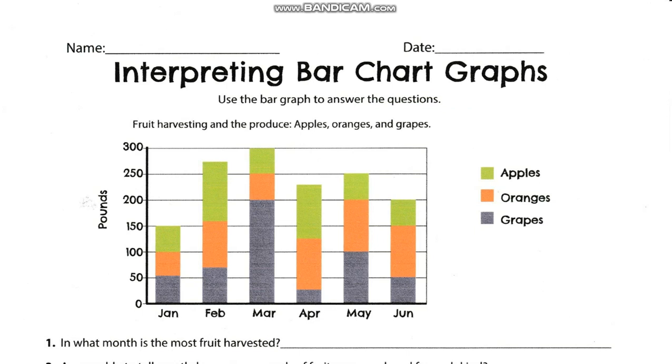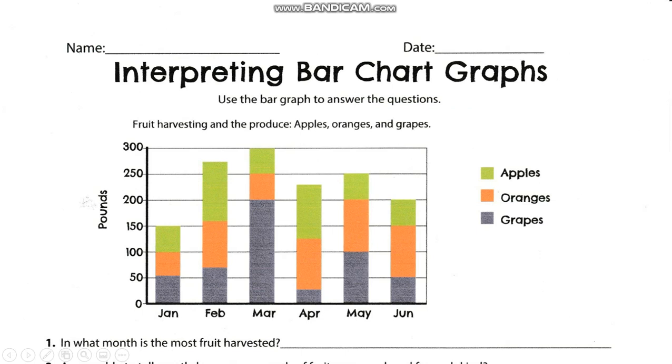Now we are looking at a bar chart. This is a different type of graph. It is using a bar graph to help you understand what you are reading. Now, this chart is even more helpful because as it is describing the type of fruit that has been harvested, it is also using colors to represent those fruit.